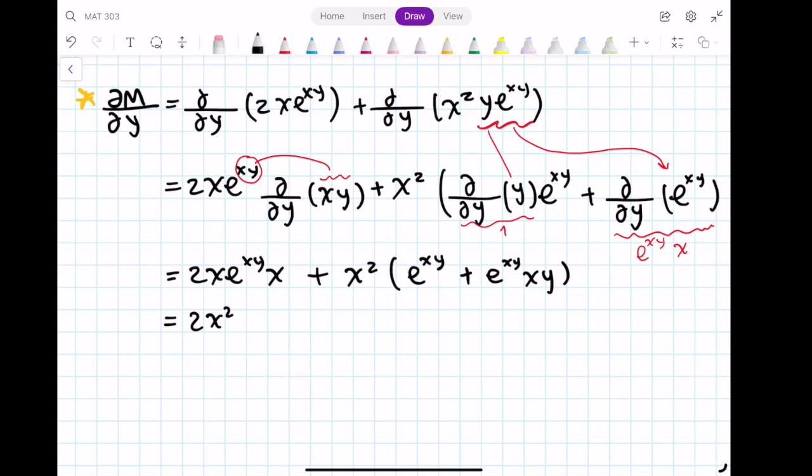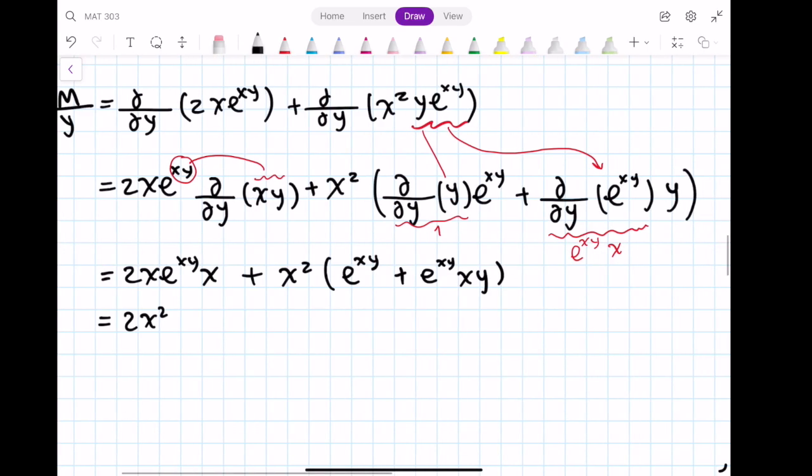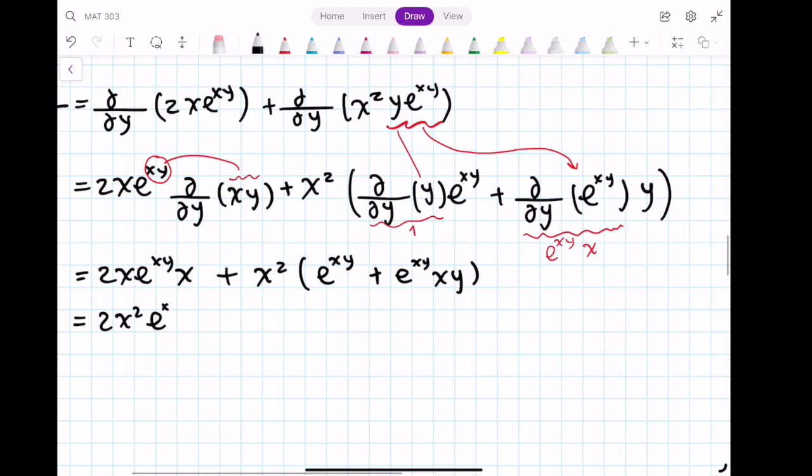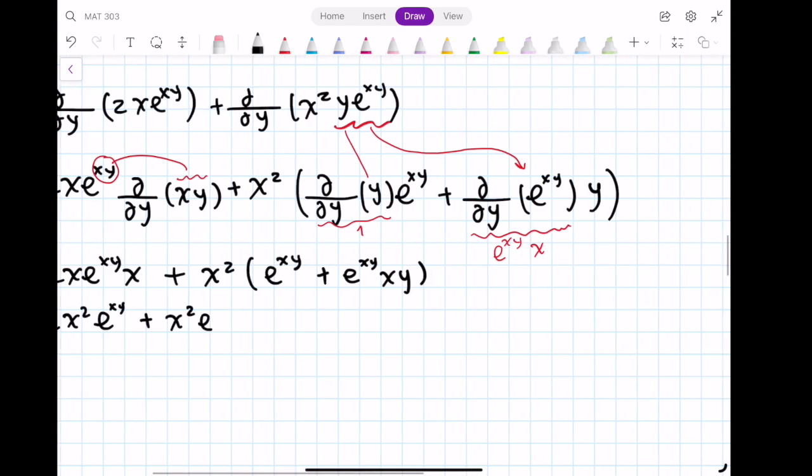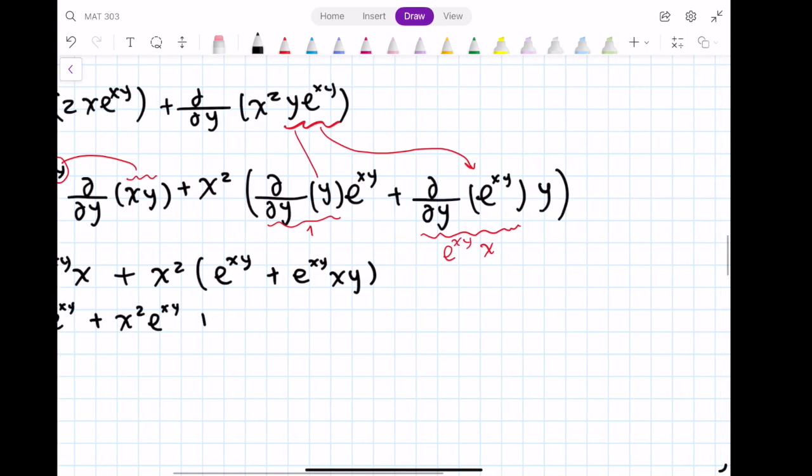And then 2x squared e to the xy plus 2x squared e to the y, and x cubed e to the y times y.